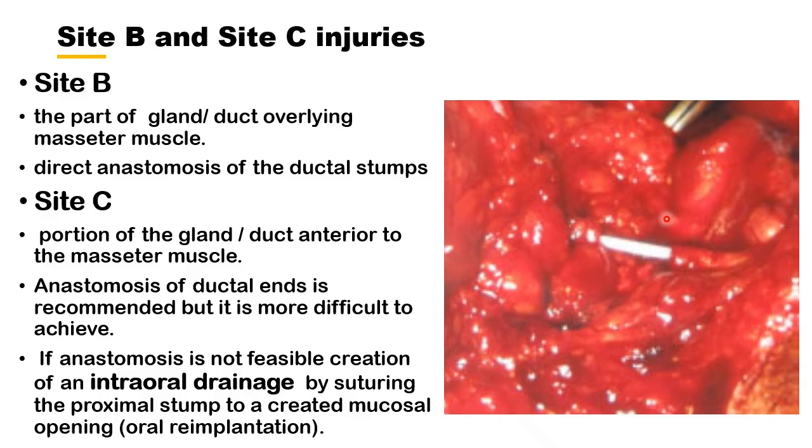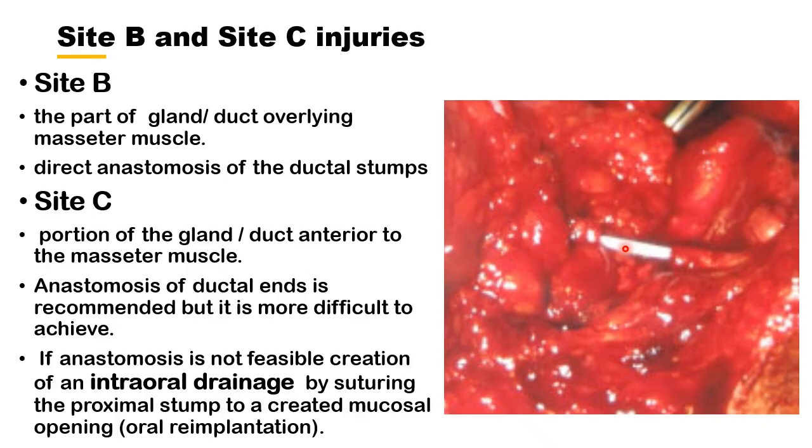In site B injuries, that is to say, injuries of the Stensen's duct over the masseter muscle, if the injury is just partial, then a repair can be done after catheterizing the duct itself. But if it is a complete transection, like in here, then every attempt should be made to re-anastomose the proximal and the distal ends together over, again, a stent, a fine cannula.